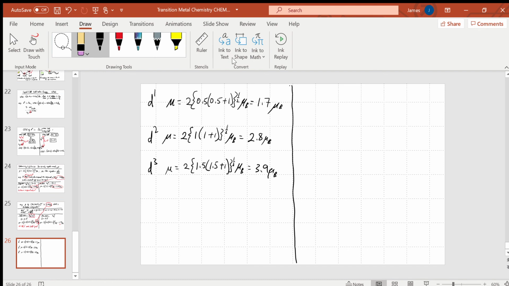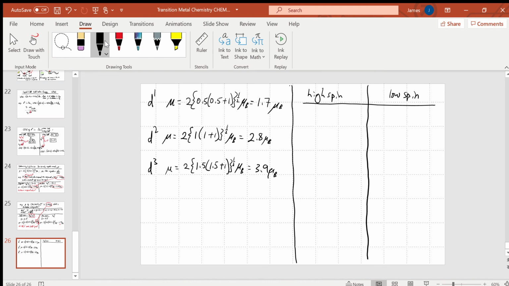So let's do 4 over here. So let's bother about high spin and low spin, because we're going to have to see the difference.